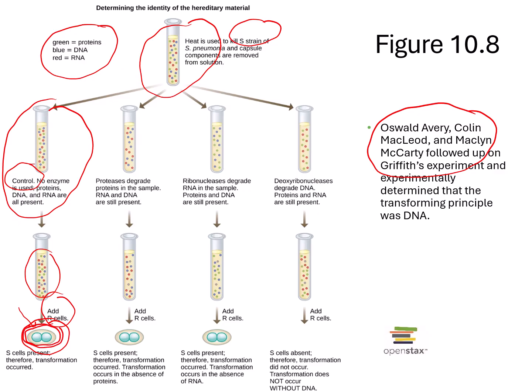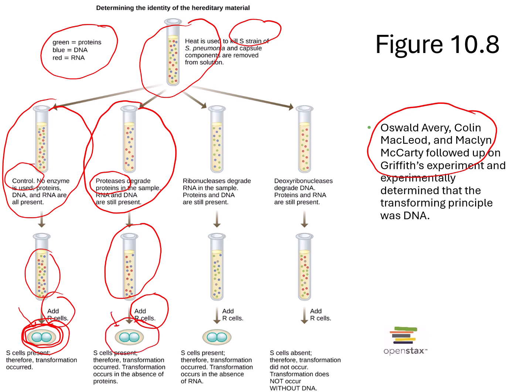It's kind of like a grayish cream colored oval. Then they take the same sample, the heat-killed S, and they get rid of the proteins. So now what's left over is just RNA and DNA from the dead S cells. When they mix it with living R, they again get live S cells. Again, that outer layer is the capsule.